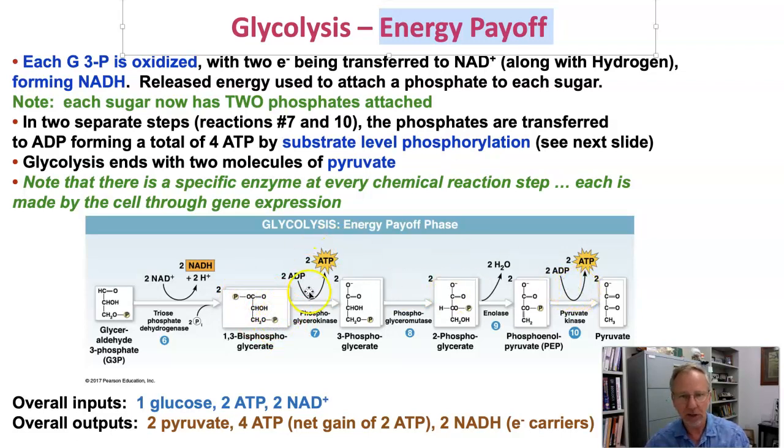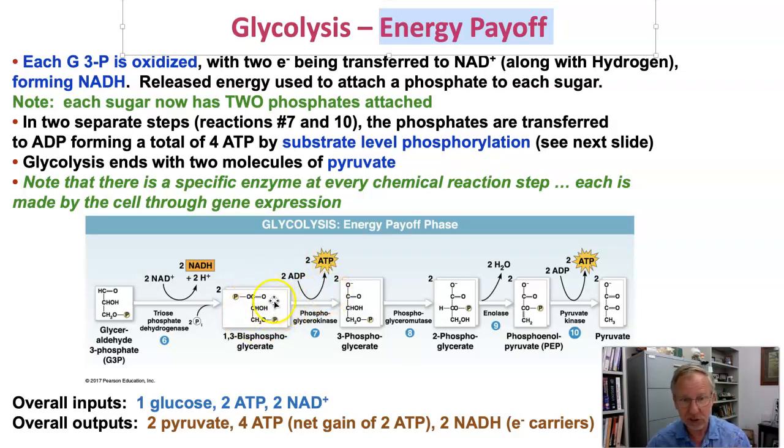Now, in 2 separate chemical reactions, different steps along the energy payoff phase, those phosphates that are attached to our fuel molecule are transferred to ADP to make ATP. So we're getting some payoff. We're getting some energy payoff here.